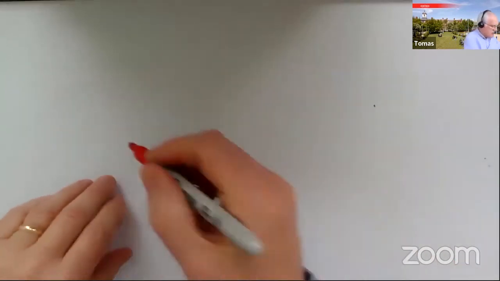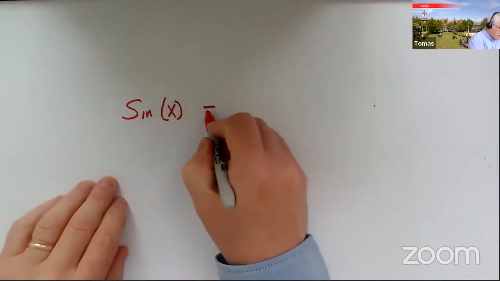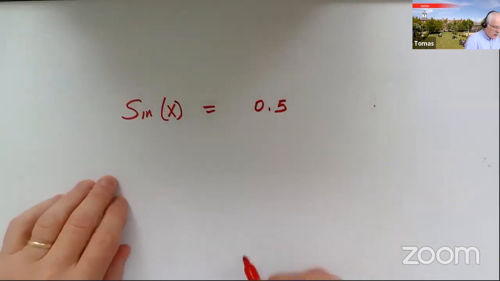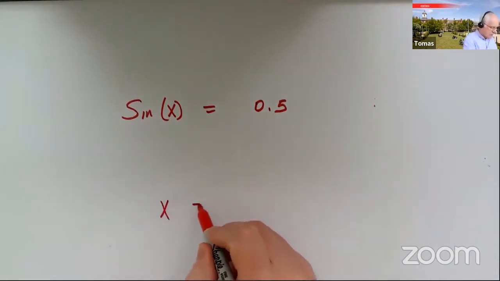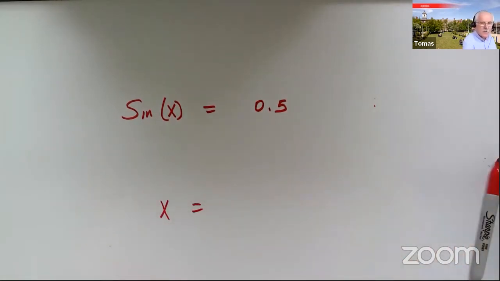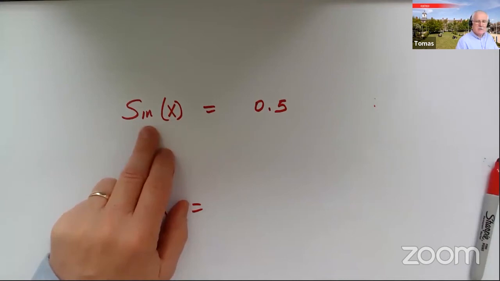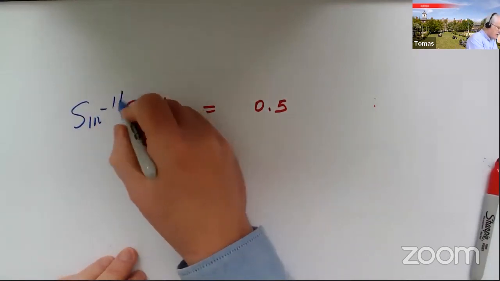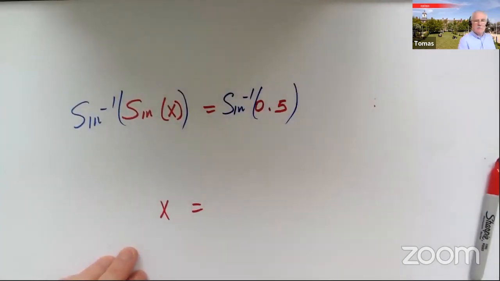So if somebody said to you, sine of x is 0.5, find x. Well, the way you do this is, I really don't like sine here. So if I were to put in sine inverse here, then I'd have to put sine inverse there.